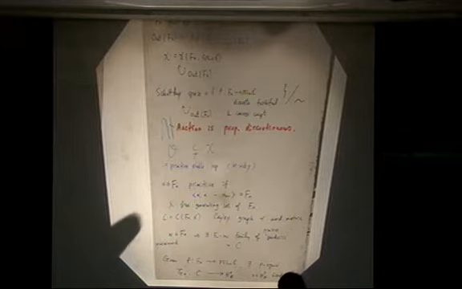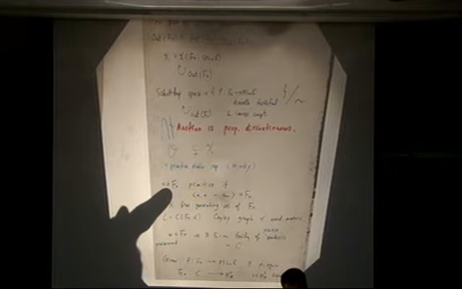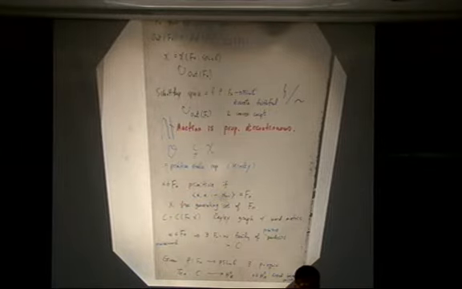A word in a free group is primitive if we can complete it to a free generating set. For example, A and B are the generators of the free group with two generators. A squared is never primitive.